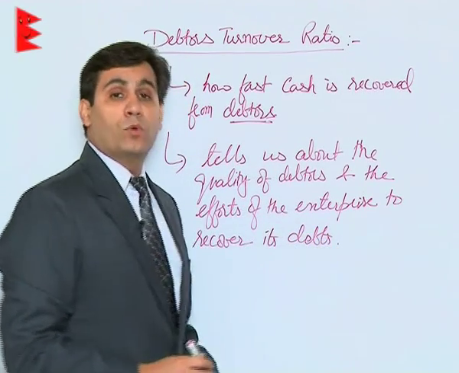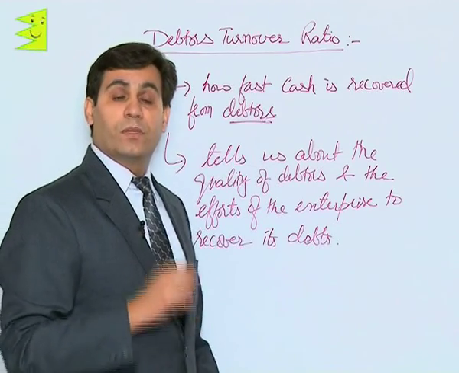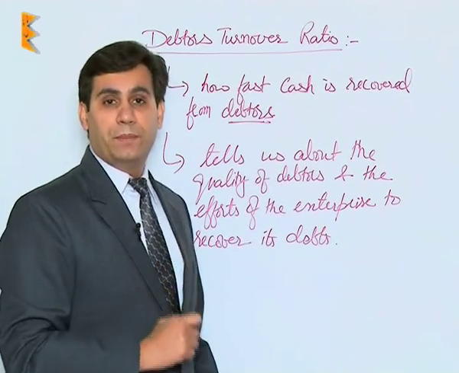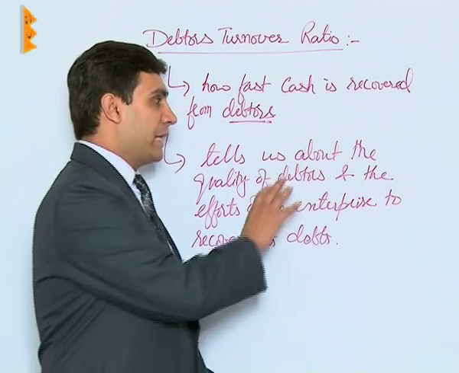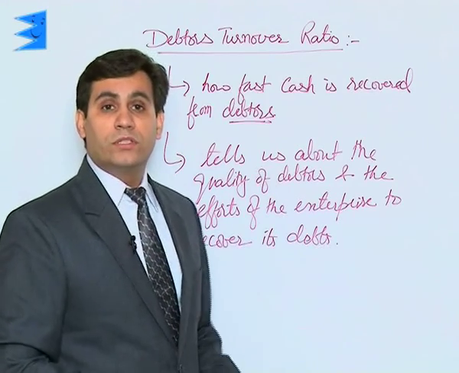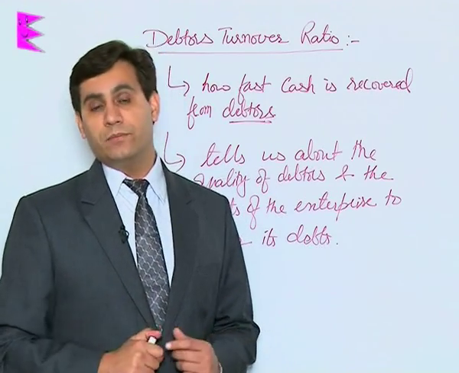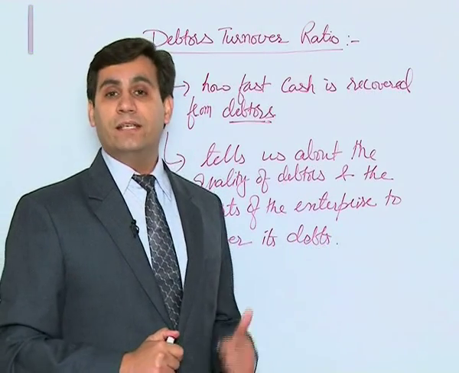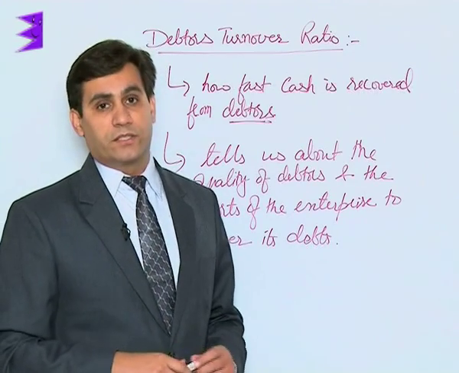It tells us about the quality. That means the persons to whom we have sold goods on credit, whether they are good, credit worthy people, whether they are paying on time or not. This can be judged through this ratio. Then it also tells you about the efforts that your sales team or your collection team is putting in for recovering your credit sales or the amount due from debtors.